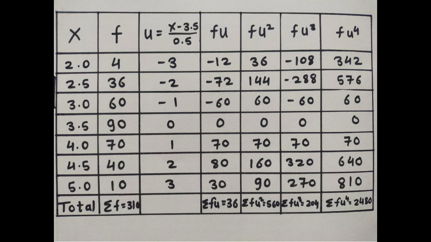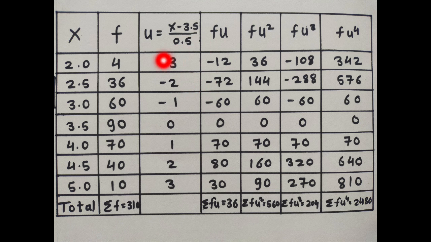In this table, we can see in the first column there are x values, in the second column the frequencies of the respective x values, and the summation of all the frequencies is equal to 310, as written here. The third column is u is equal to (x minus 3.5) upon 0.5.